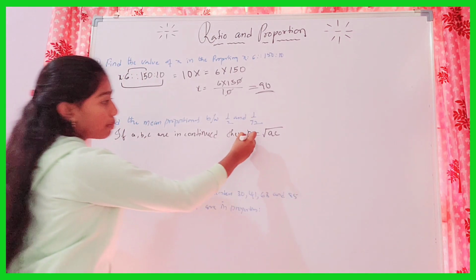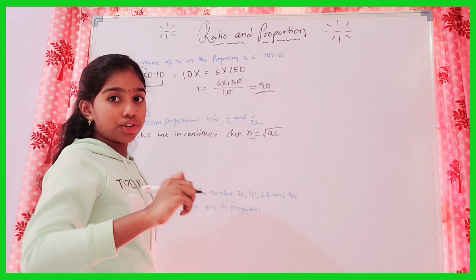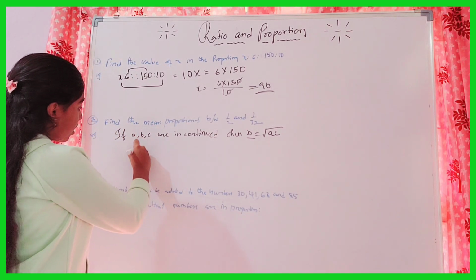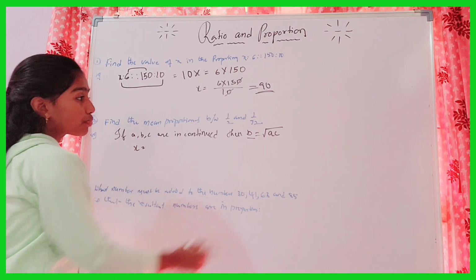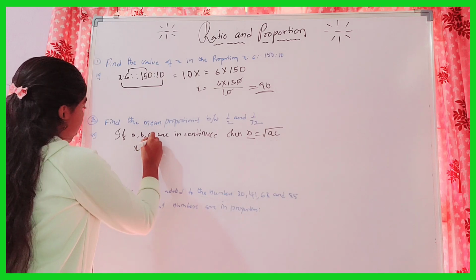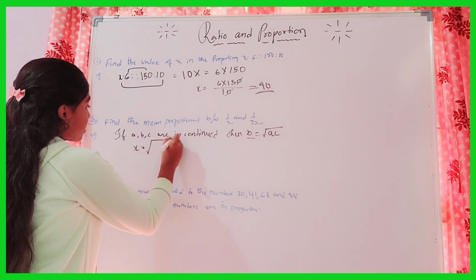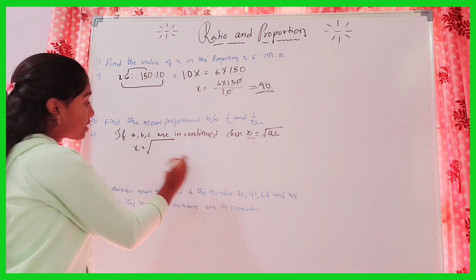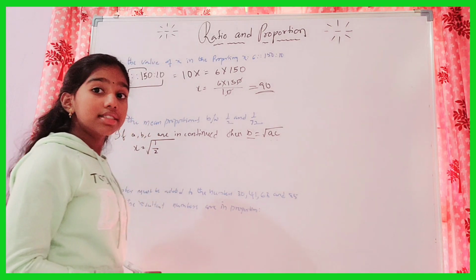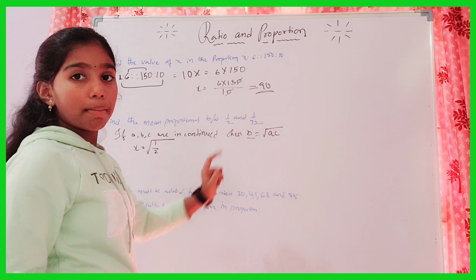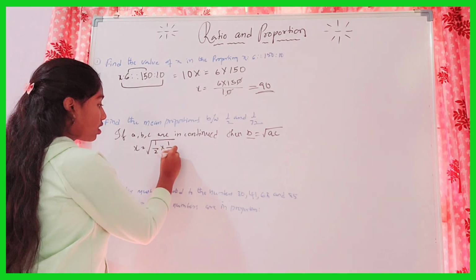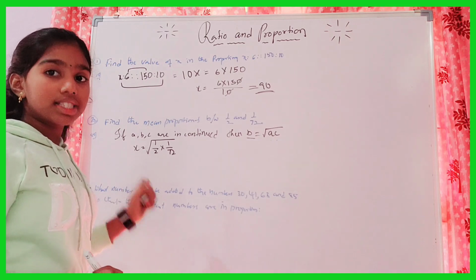So let's take the mean proportion, or geometric mean, as x. x is equal to the square root of A into C. A is 1 by 2 and C is 1 by 72, so 1 by 2 into 1 by 72.